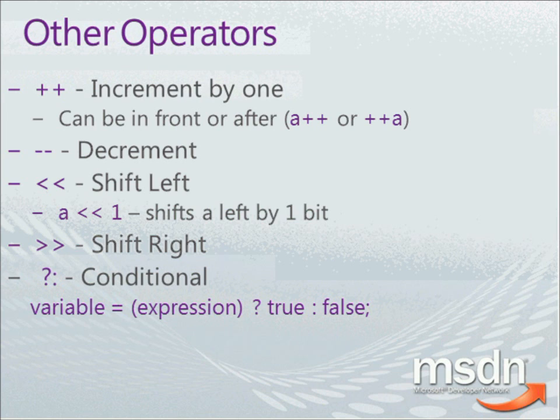And in C#, we actually have the double brackets, greater than or less than, indicating which direction we want the bits shifted by. And this operation actually allows us to shift the digits, the binary value of the values that you're dealing with, left or right, depending on which one of these you're choosing.